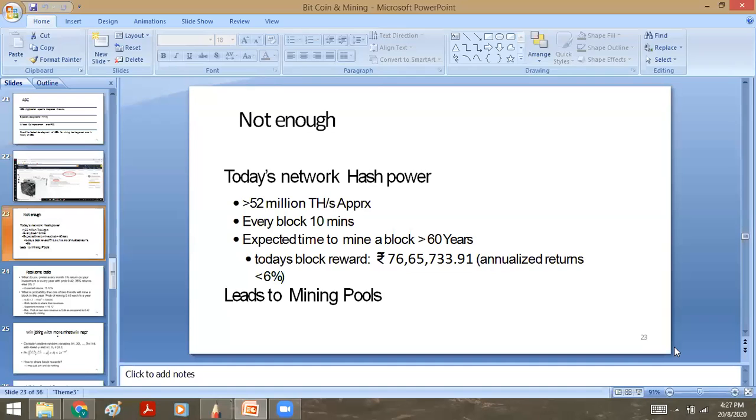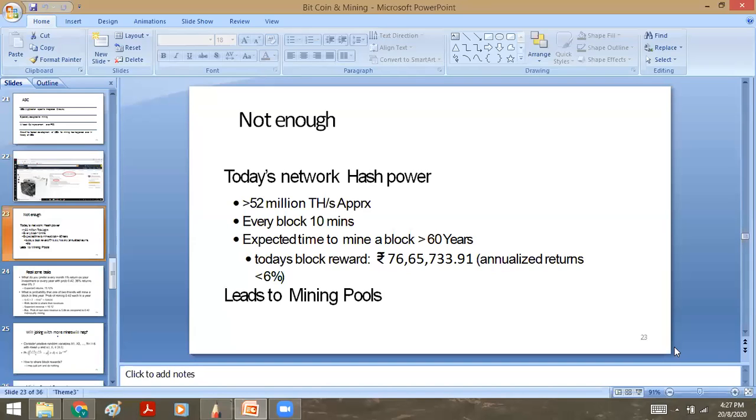So that is why the miners who initially mined Bitcoins are selling their Bitcoins and building new infrastructure. That is how miners are selling the coins which they mined, and they are making profits.